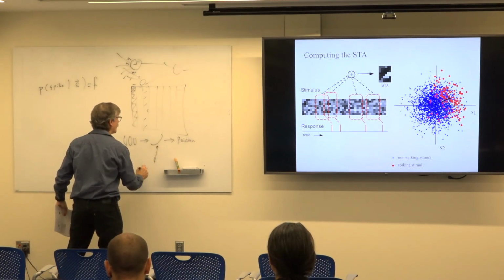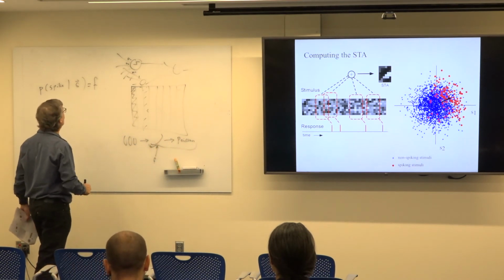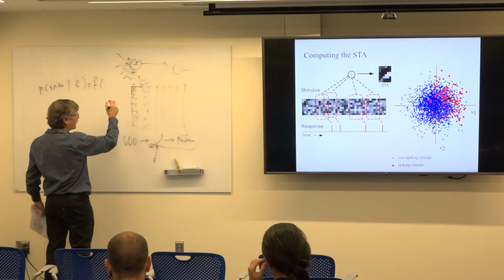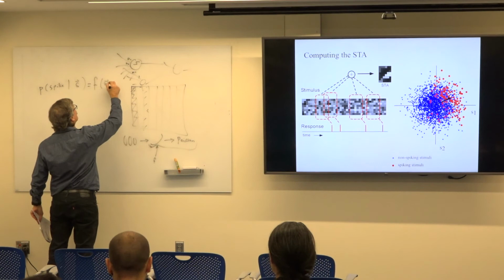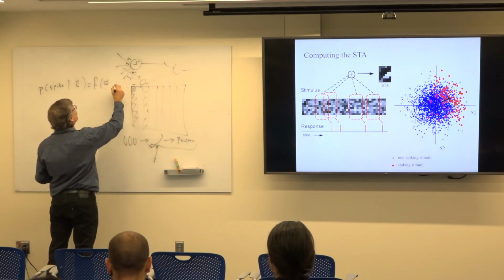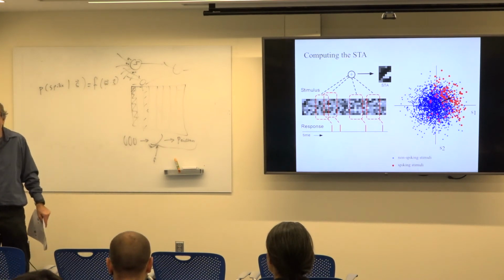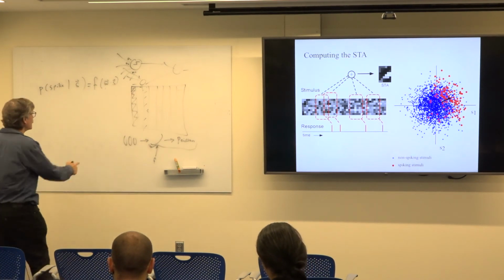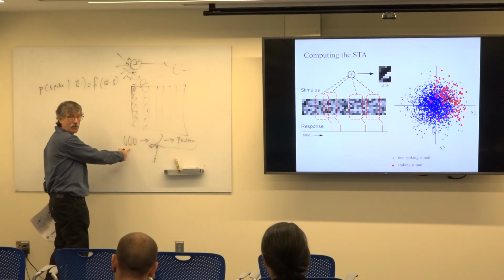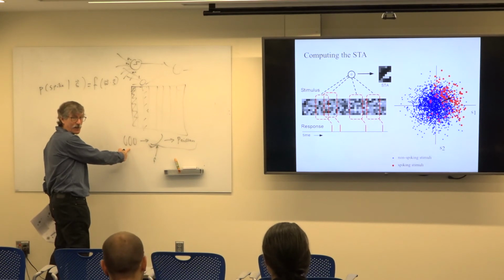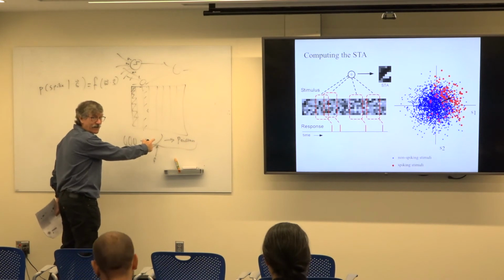Actually, f includes both of these things, but basically there's f of the receptive field, which on the slide a moment ago was w, so I'll go with w, dotted with the stimulus. That is the model. I'm just writing it down as math now. So we have this receptive field. I don't know what the receptive field is, but it's going to get multiplied and added point for point with the stimulus. That's the same as a dot product. And that's going to go through some nonlinearity, which I don't know what it is either.